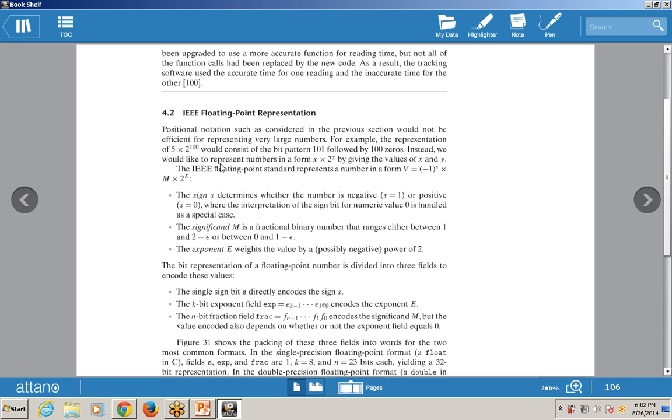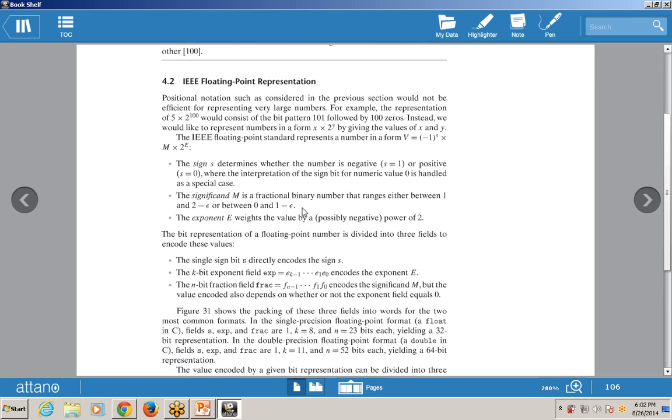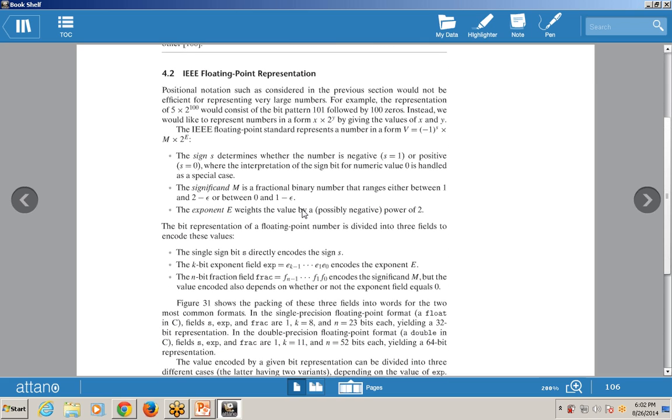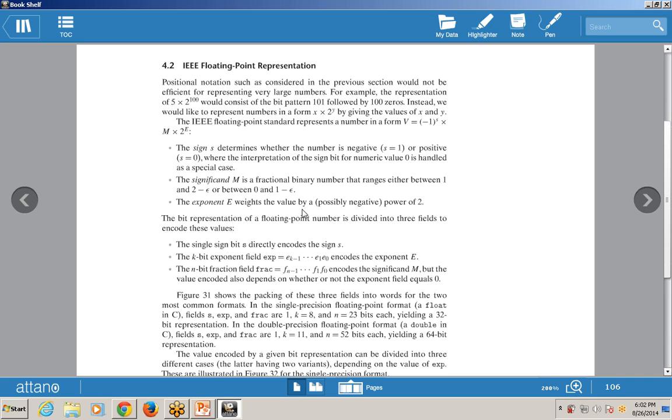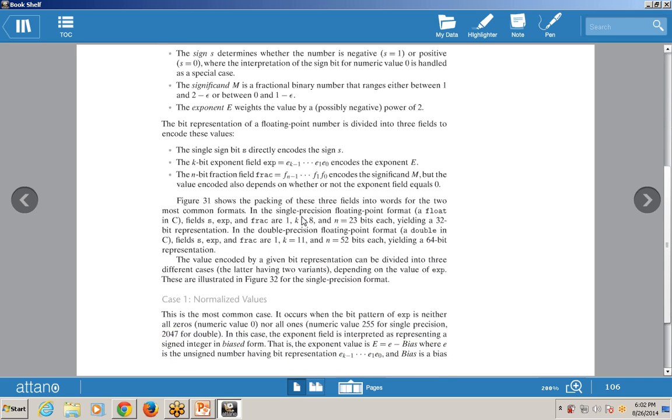Instead, we would like to represent a number in the form x into 2 power y by giving the values of x and y. This is how we can represent it, and that standard is provided by IEEE, the standard maintained for floating point representations.